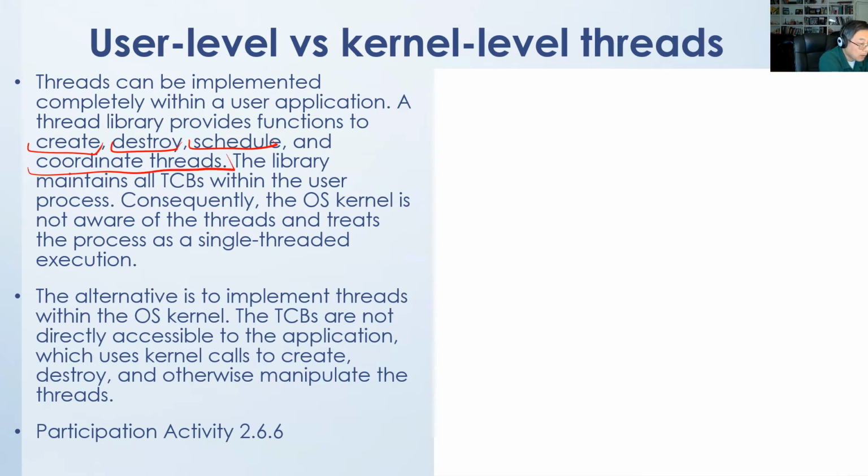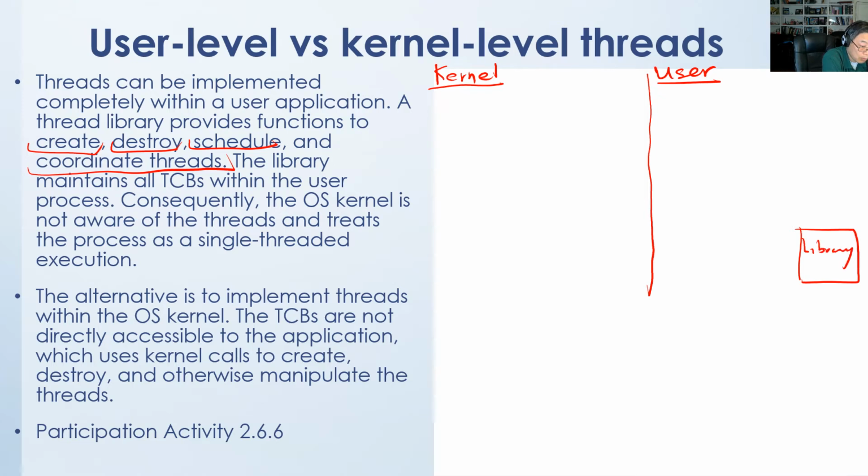So let's say here's the kernel space, here's the user space. If a user thread is created, it's created by a thread library, in the user space. So the library maintains the TCBs within the user process.